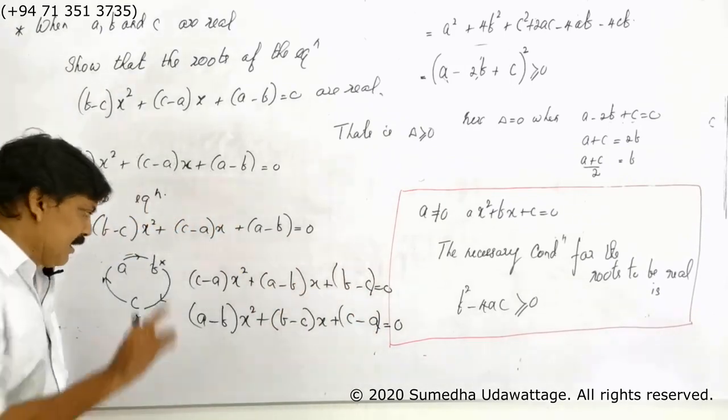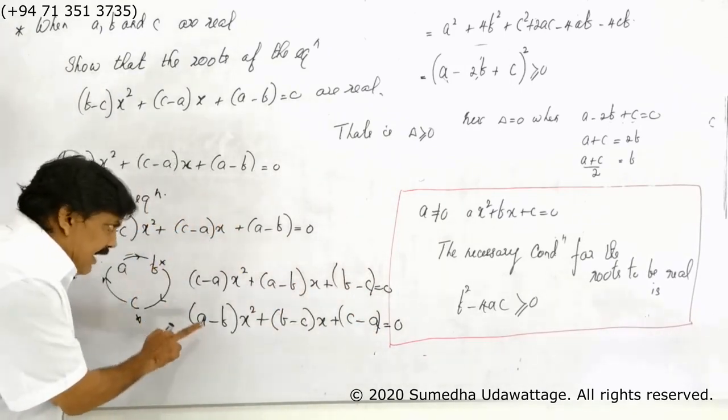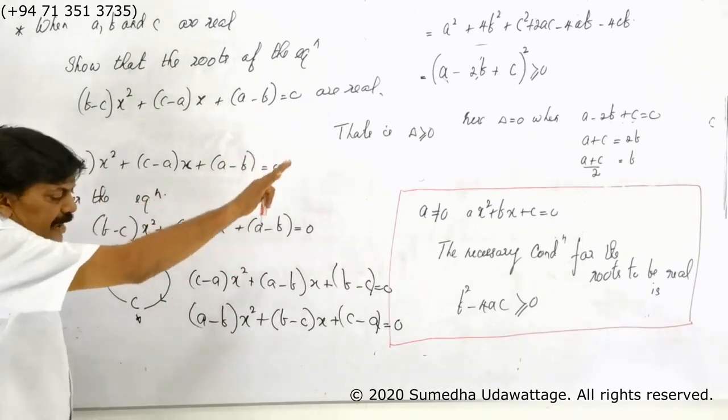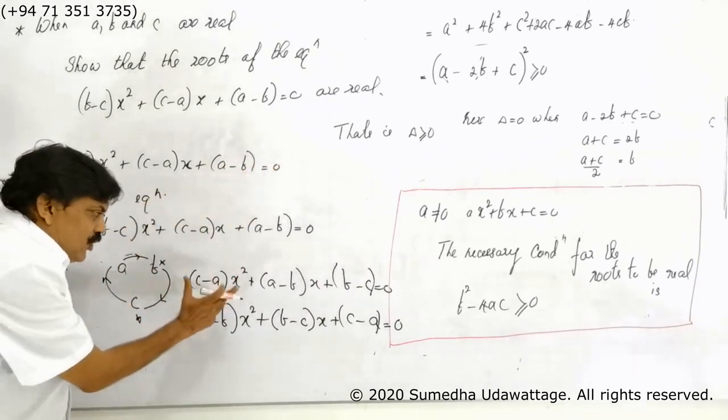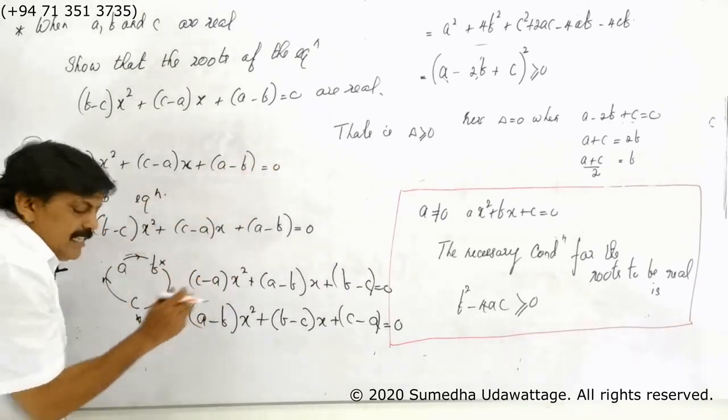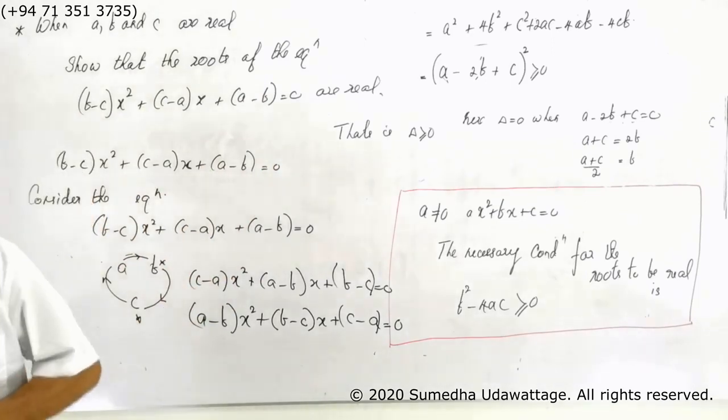For homework, you can try this and again try this. It comes to the same way I did before, but the question is different. All this is a little different. It's the same form.